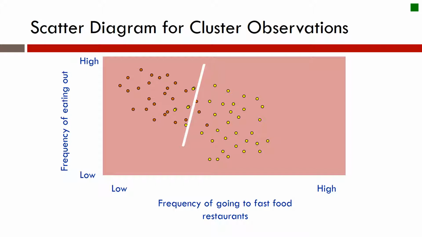So in this case, we have a grouping that's dotted with the yellow dots, and then a grouping dotted here with the orange dots. These would be individuals who demonstrate a high level of going out, but those who don't go out to fast food restaurants very often. On the right, we'd have people who still go out frequently to eat out.